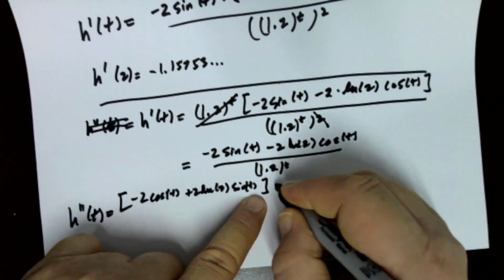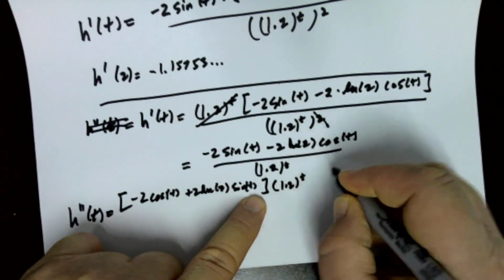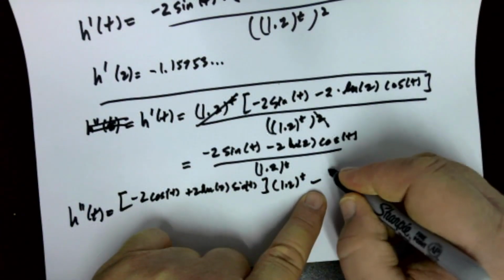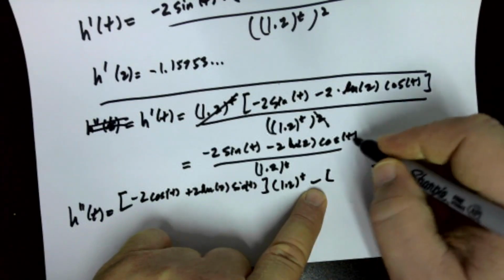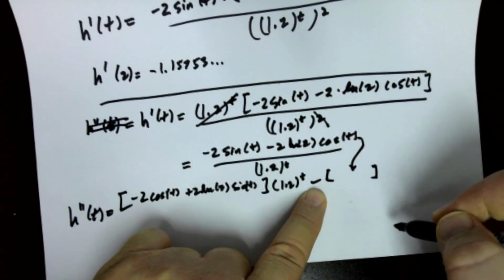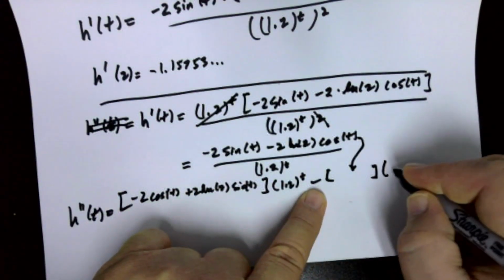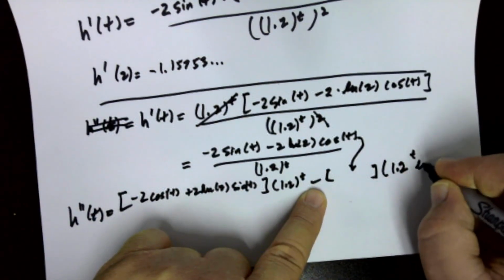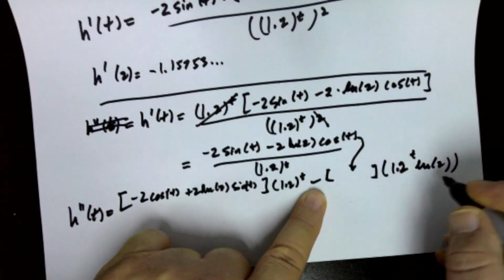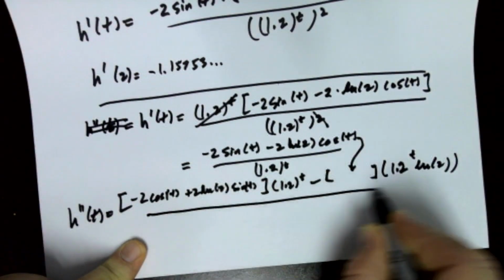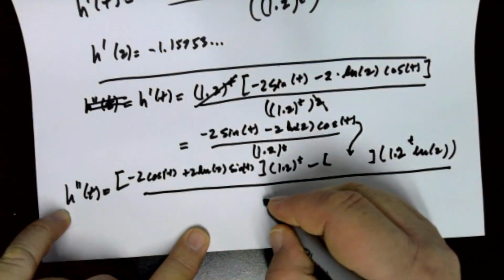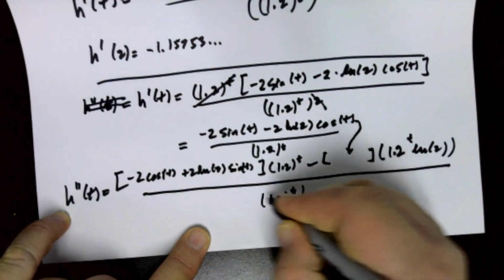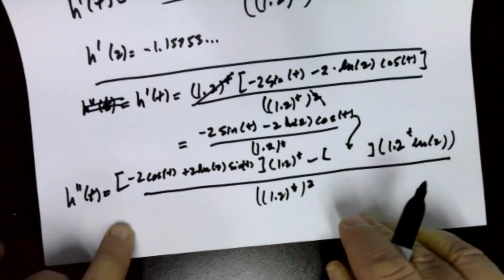Good, and then I just bring up the top function, minus the top, and here I'm just copying down the numerator, and then that's going to be times 1.2 to the t, natural log of 1.2. Right, and then it's all divided by 1.2 to the t squared. So that's a big mess.